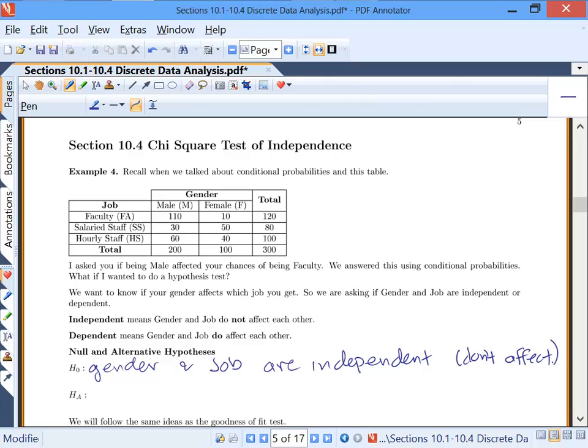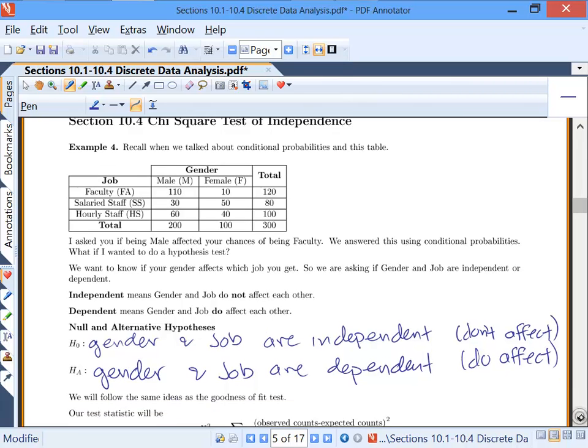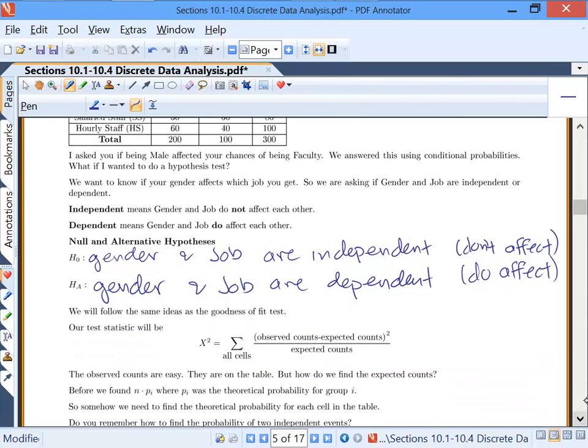And of course, the opposite of independent is that they are dependent, which means that they do affect each other. Okay, so what we're going to do is we follow the same ideas as the goodness of fit test. This is just kind of a derivative of the goodness of fit test.